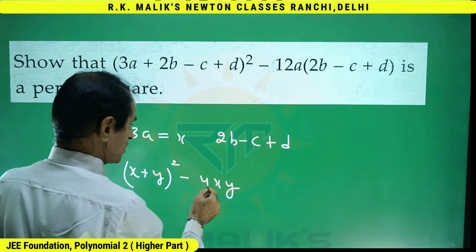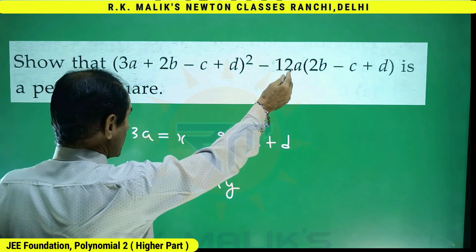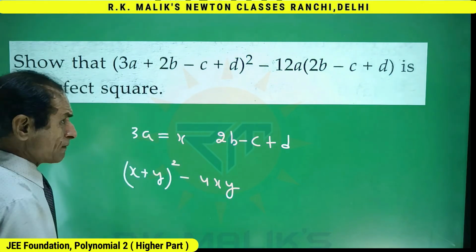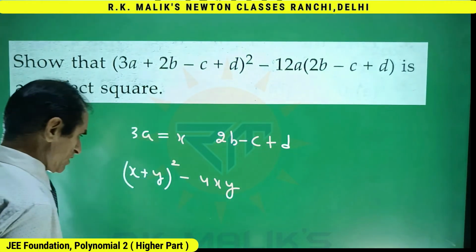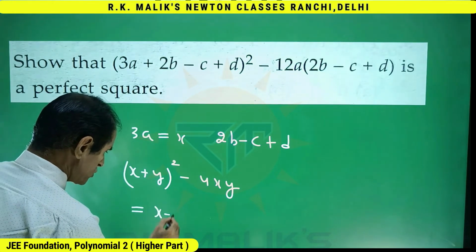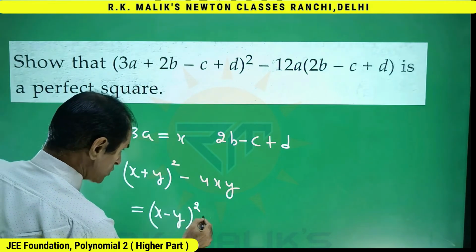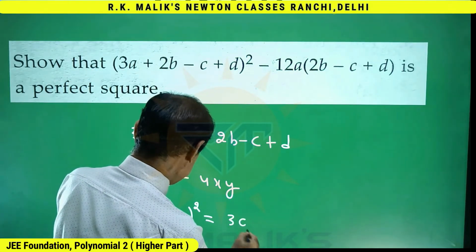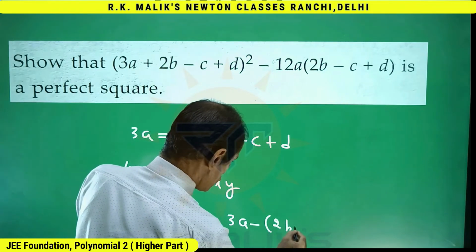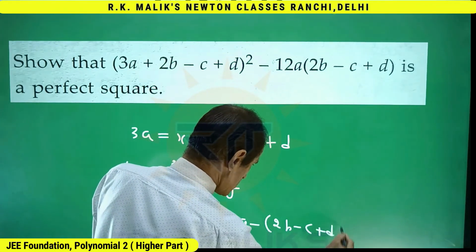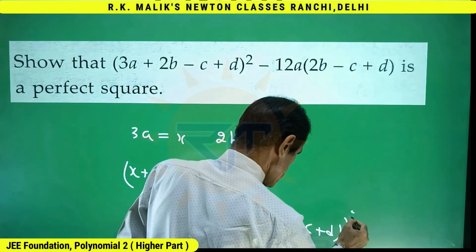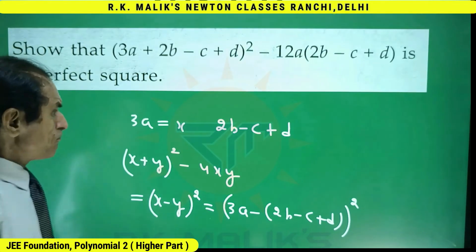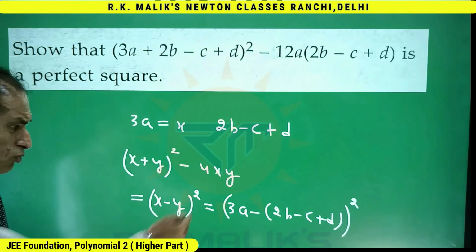For 3a I have written x, and after writing 3a as x, 4 will be remaining, therefore 4 I have written here, and this part I have written y. It is clearly equal to x minus y whole square. Hence we have got the result as 3a minus 2b minus c plus d whole square. Hence we can say this whole thing is a perfect square.